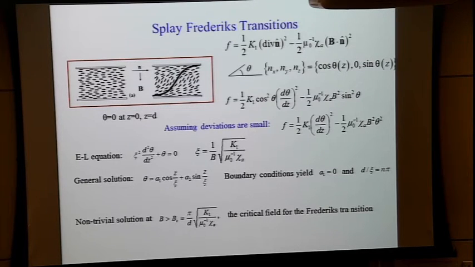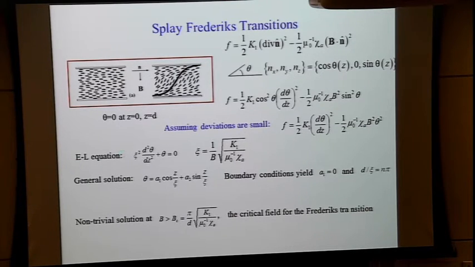And then you calculate what is the divergence n. You remember it's cosine squared, derivative squared. And then what is the scalar product between the vector B that is vertical and vector n that might be distorted somehow in the xz plane. You obtain this thing. And you write down the Euler-Lagrange equation.